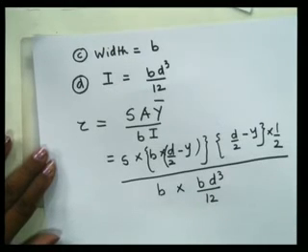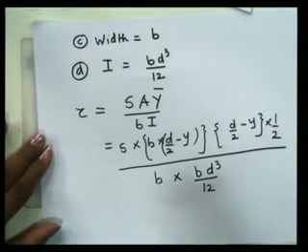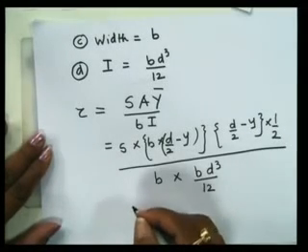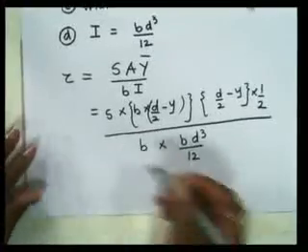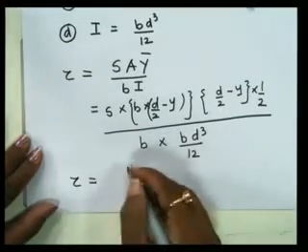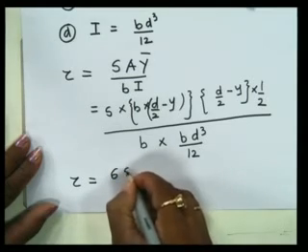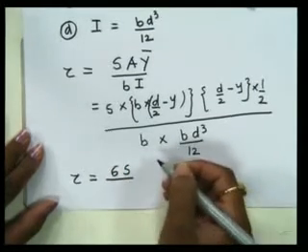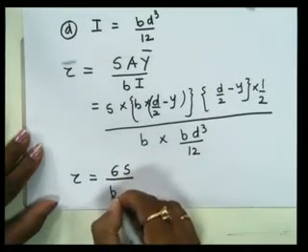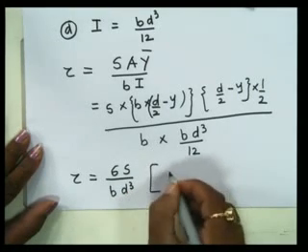When we substitute all these values and solve the equation, we get tau equal to 6 S upon B D cube into D square.